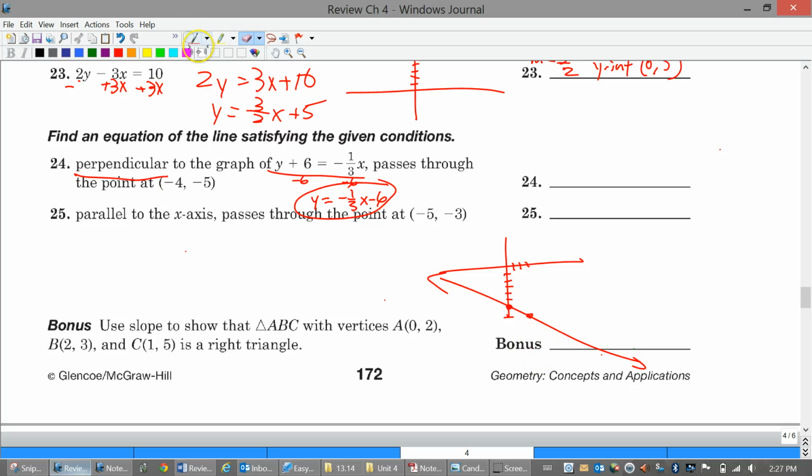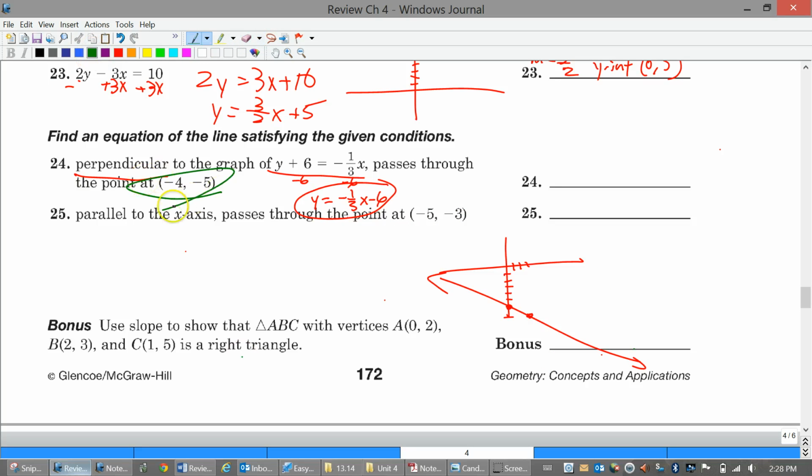So if I were to just draw a perpendicular line like that, okay, that would work. But to show that that's actually perpendicular, you would need to demonstrate that you know how to calculate the slope of that line. You would just graph a line and make sure you know the slope is the opposite reciprocal. I just graphed some random line.